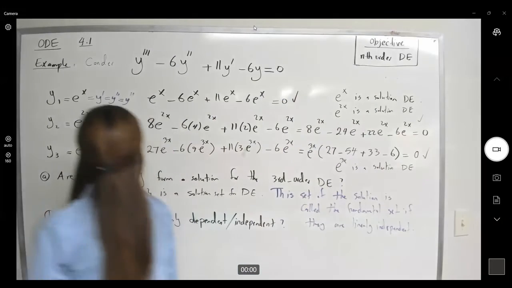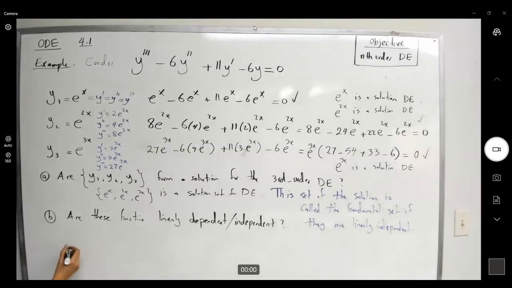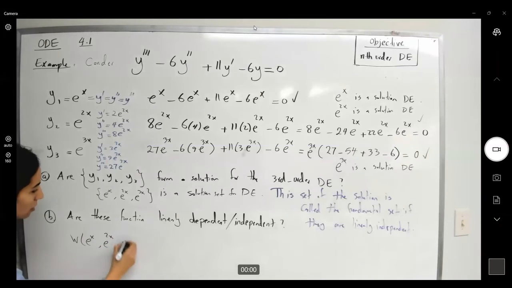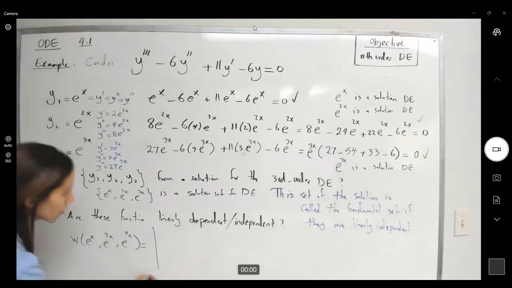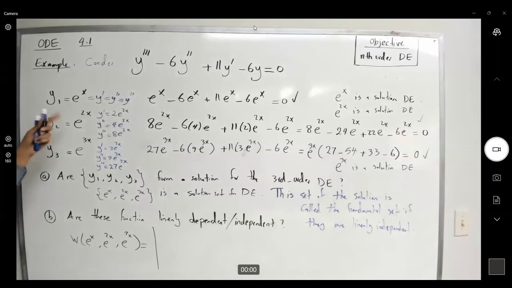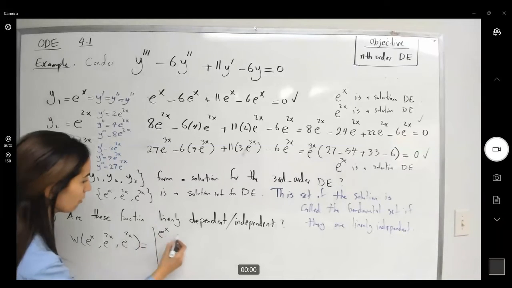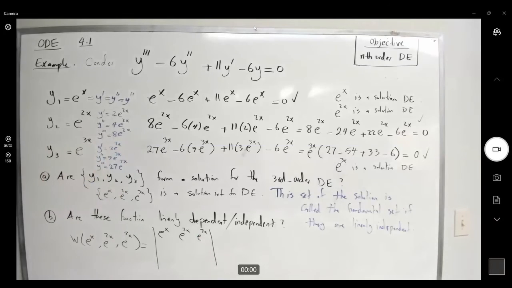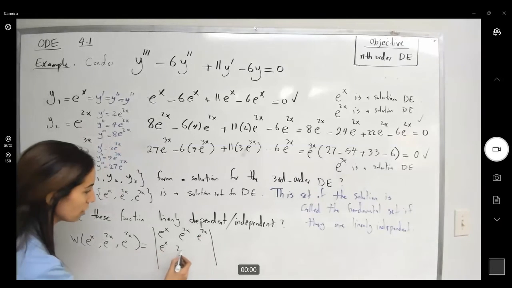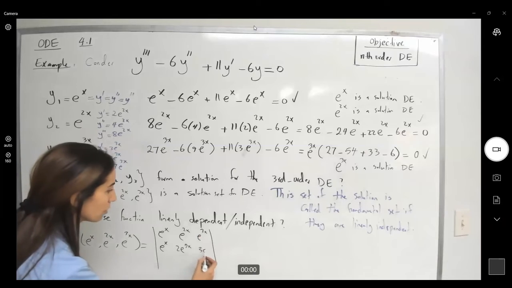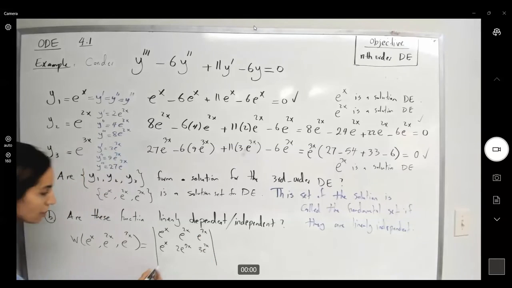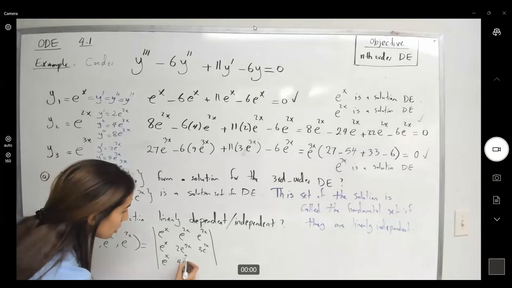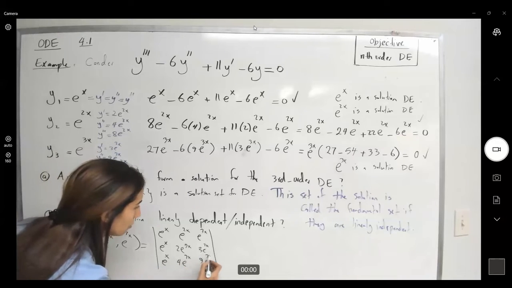Okay, so let's find the Wronskian. The Wronskian of e to the x, e to 2x, e to 3x is equal to, well, in the first row, we're going to copy down the functions. On the second row, the first derivatives: e to the x, 2e to 2x, 3e to 3x, and on the last row, e to the x, 4e to 2x, and 9e to 3x.